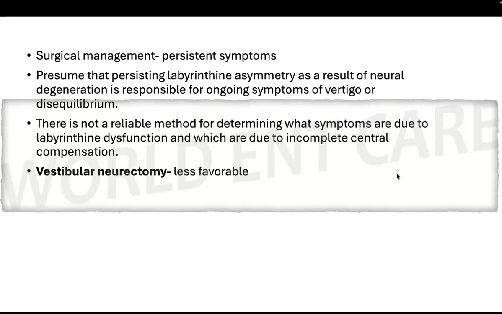And there is not a reliable method for determining which symptoms are due to labyrinthine dysfunction and which are due to incomplete central compensation. So the results of vestibular neurectomy for vestibular neuritis are less favorable than in Meniere's disease, and persisting labyrinthine dysfunction is more likely.